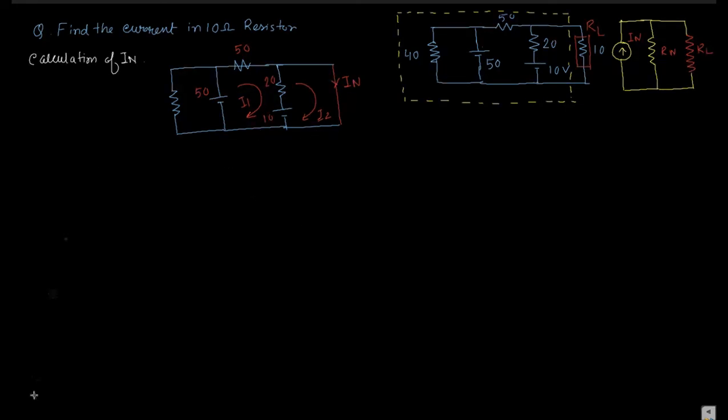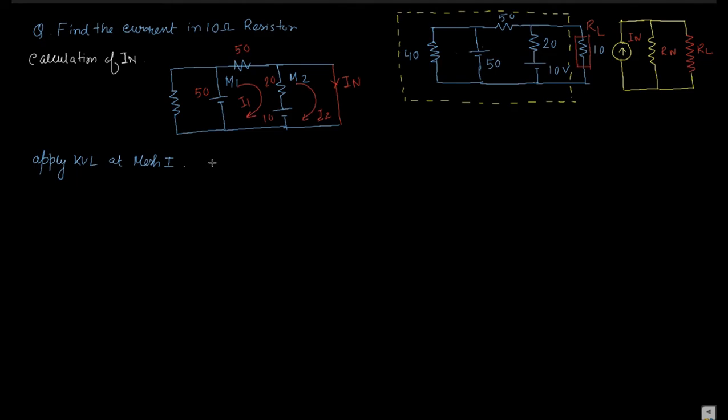So apply KVL at mesh 1. What should we find? This is the mesh 1, and this is the mesh 2.